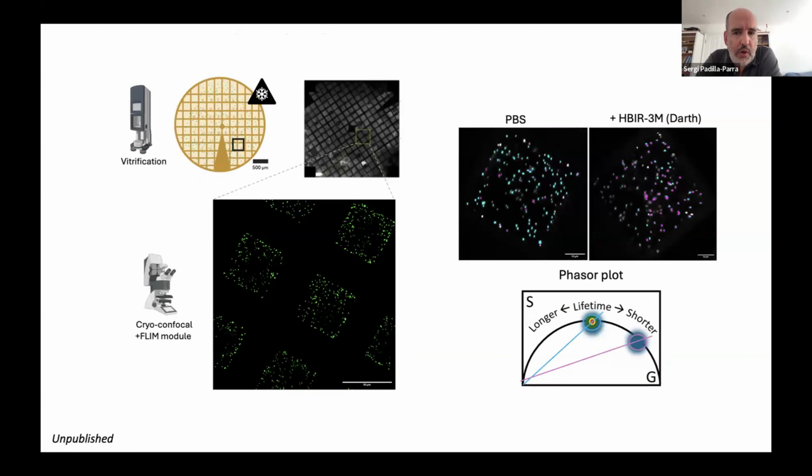So next, what we did is to really test if, in cryo conditions, the biosensor was also functional. The idea is that we are going to vitrify the sample and expose the cryo-EM grids with our viruses.